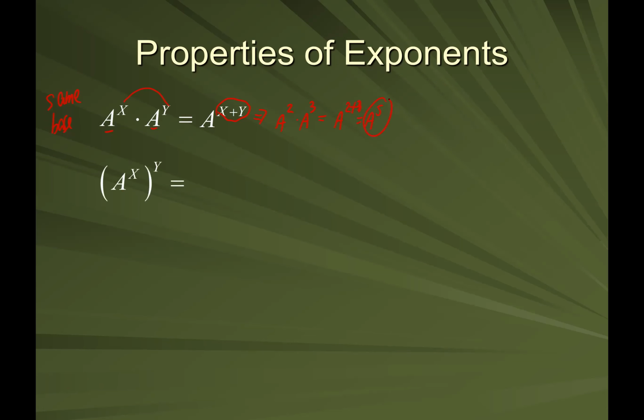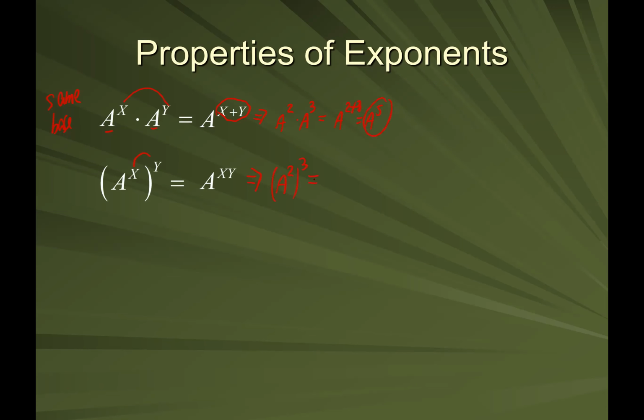Okay. And also we have an exponent raised to another exponent. So you multiply the inner exponent by the exponent outside. So it becomes a raised to xy power. So you multiply x and y to become a new exponent. For example, let's say you have a to the second raised to third power.